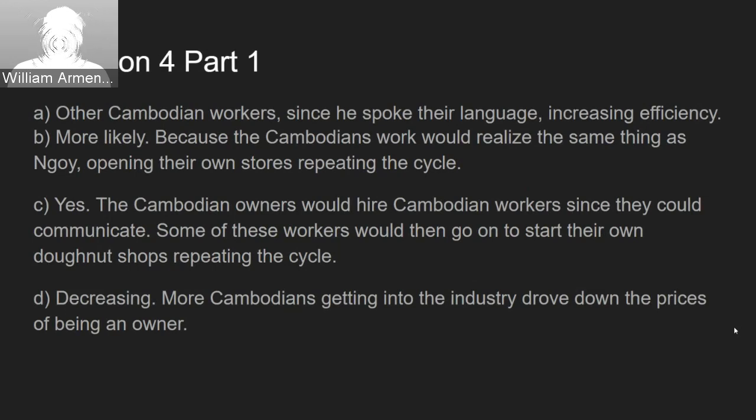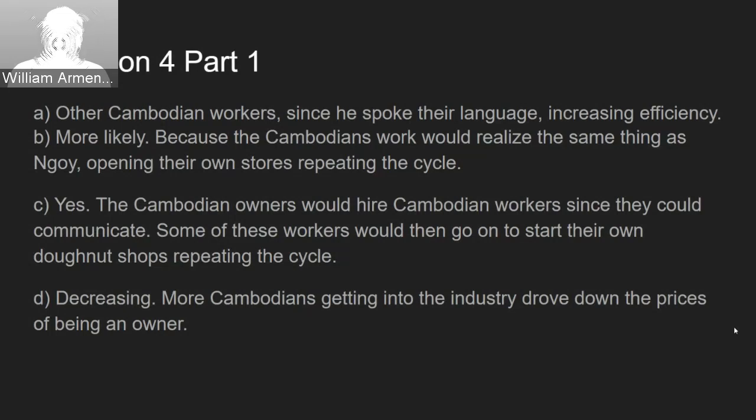And then for part C, it does encourage this virtuous cycle of Cambodian-owned donut shops because they would hire Cambodian workers to communicate with them easily, and then some of these workers would go on to start their own donut shops, repeating the cycle. For part D, this is a decreasing cost industry because more Cambodians are getting into the industry, driving down the prices of being an owner.